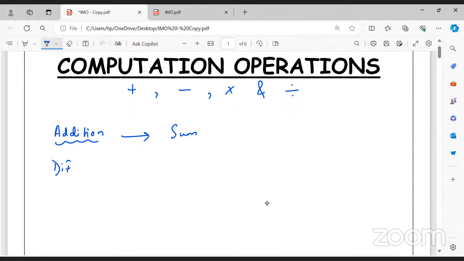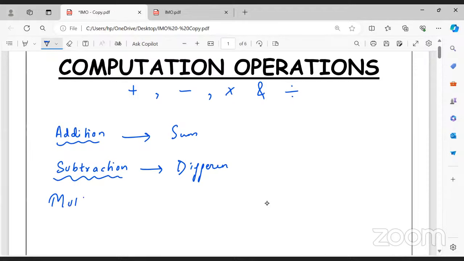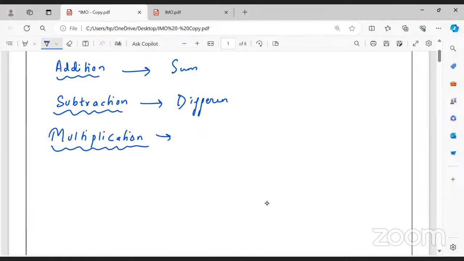The result that you get after subtracting the numbers is called what? Yes, very good, Sanvi. It's called difference. And what is the answer that we get after multiplying the numbers?